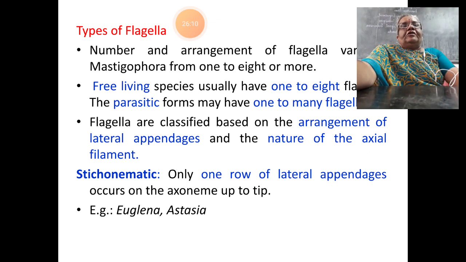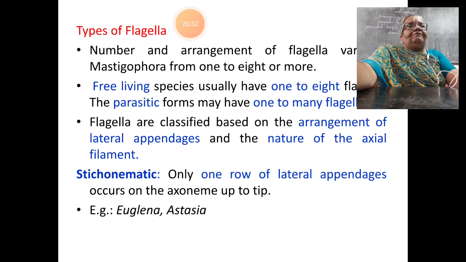So, before going into the types of flagella based on the arrangement of lateral appendages, let us see the types of flagella based on the number. Free living flagellate species like Chlamydomonas, Euglena, etc., normally have 1 to 8 flagella.